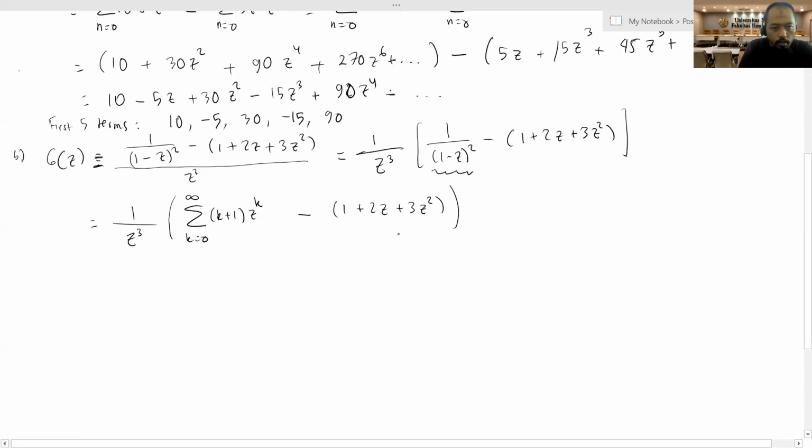Obviously, this expression 1 plus 2z plus 3z squared are actually the first three terms of this infinite summation on the left.